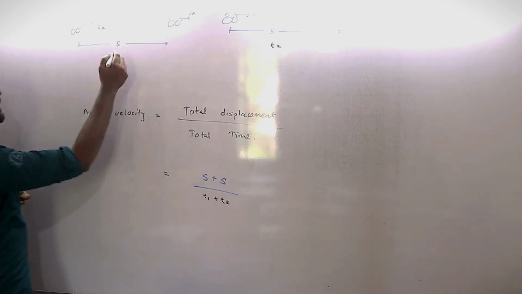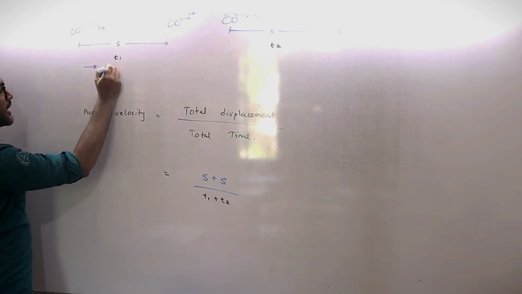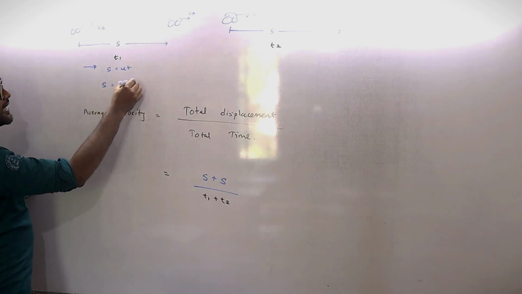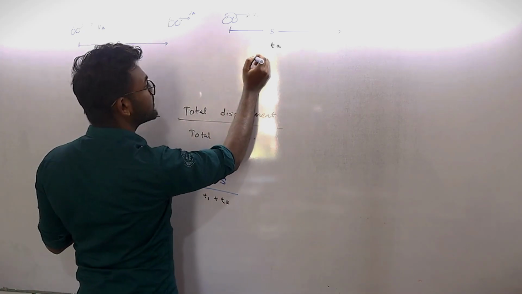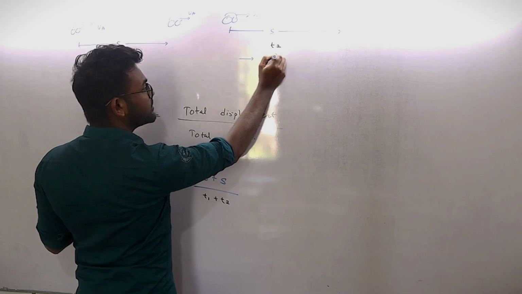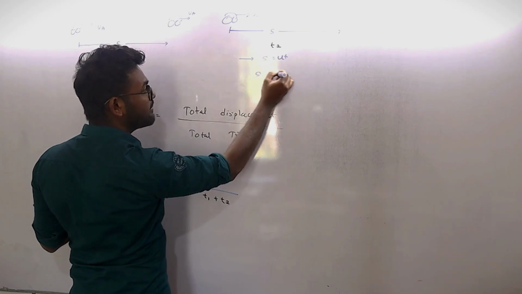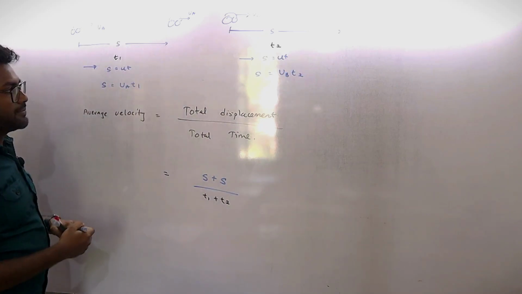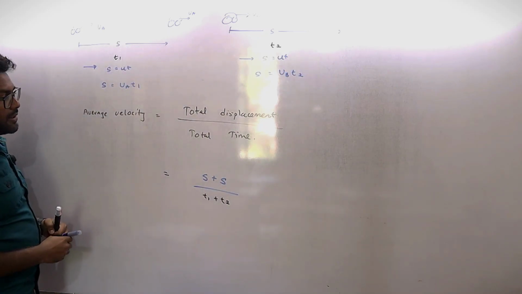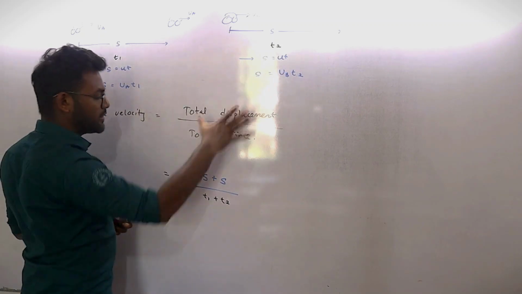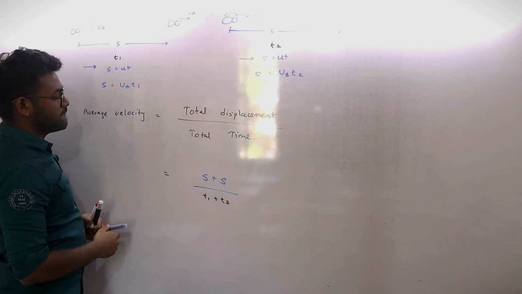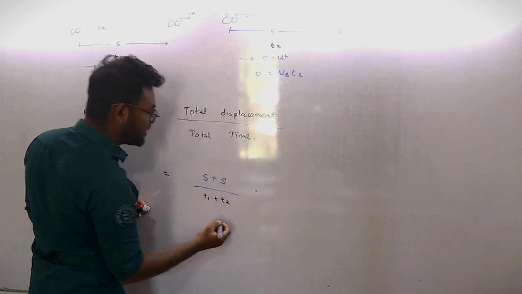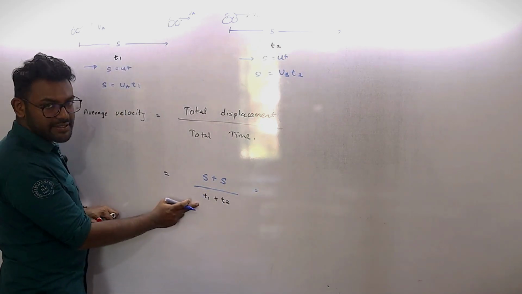So for this part, I could write s equals ut, so s equals va t1. And for this one, I could write s equals ut, and that is again the same s, but vb into t2. This is t1. Okie dokie. So now I can substitute that to here. All I need to do here is cancel off the s, also the t's.